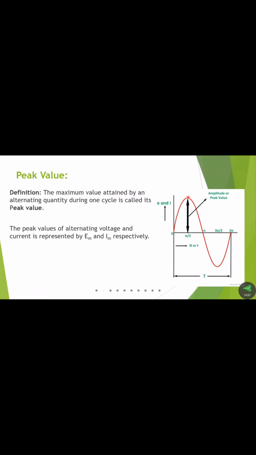If any of these four terminologies is asked, you can answer it. Peak value, amplitude, maximum value are all considered the same. It is generally denoted by EM and IM. Instead of DC's VM value, in AC it is denoted by EM. IM is common for AC and DC.